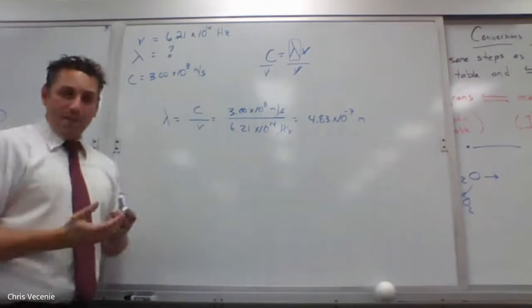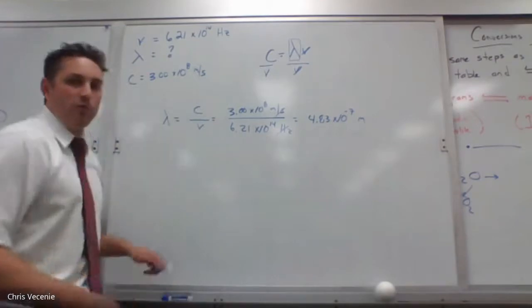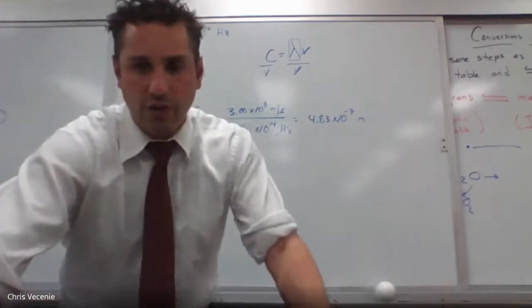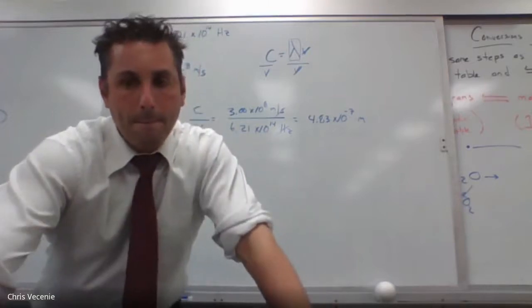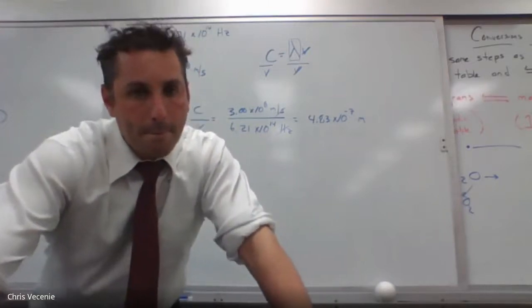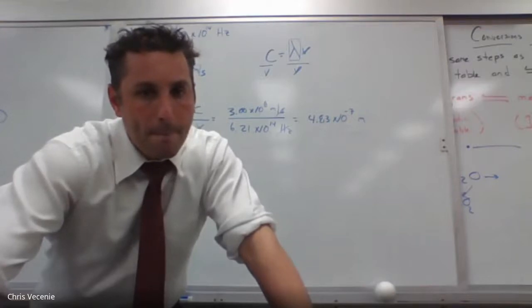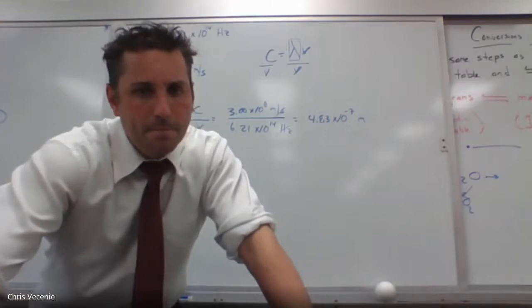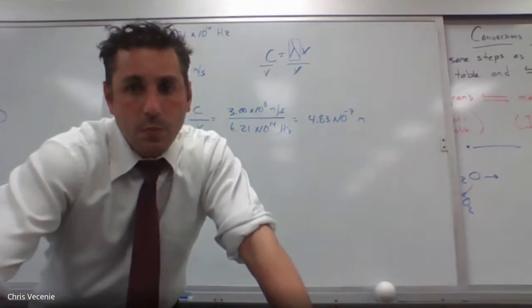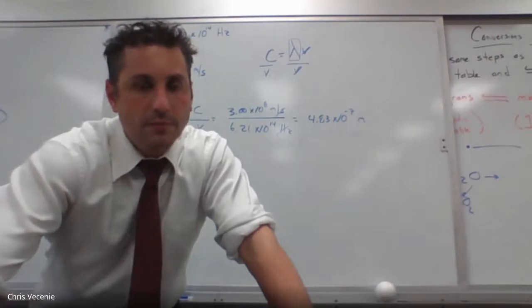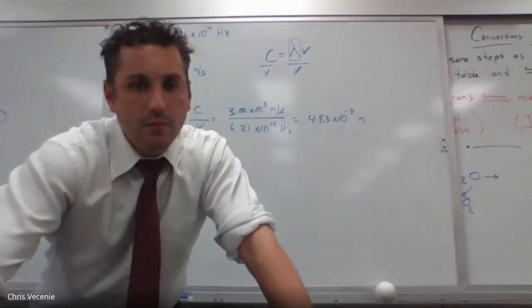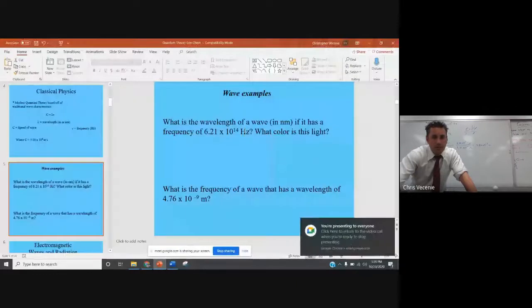Okay. That's a wavelength. Now, here's the catch. If you look back to the question, which I'll share with you, sorry about that. You look back to the question. In here, it says, what is the wavelength in nanometers?